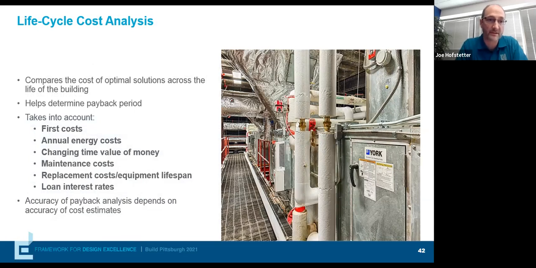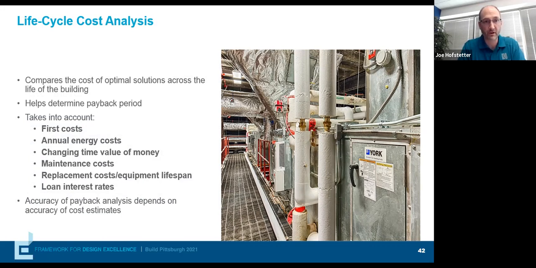So how does this apply with life cycle cost analysis? I think what's important to know is oftentimes we're extracting the information out of the energy model and applying it in some other tool, whether that's some commercially available tool or private tool that the energy engineer may use on the side.